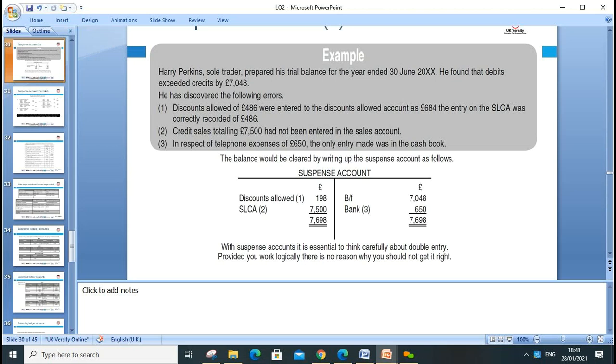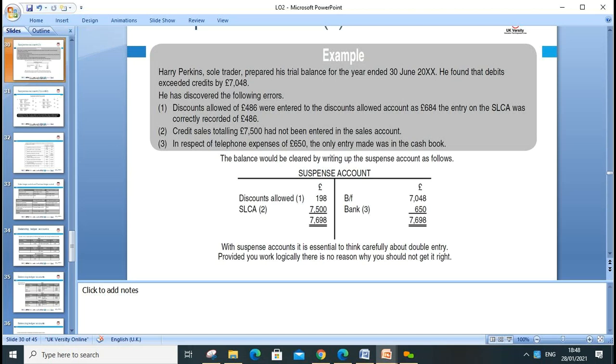And the sales ledger control account was correct. So what we do now, I do the reverse of this, yes? If you take the difference, for discount allowed I'll do credit, but I'll do the suspense account debit with the difference.